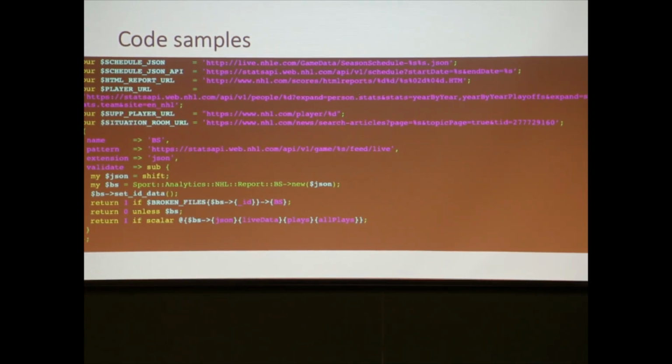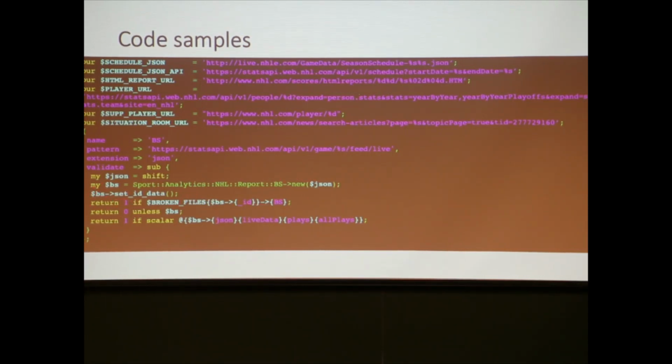And this is an excerpt, an example of how I get data from the live feed. The game ID is substituted here. We get it, and then we create some kind of object with the JSON that we obtain.